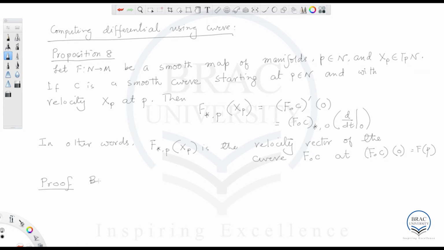By hypothesis, C of 0 is equal to P, right?